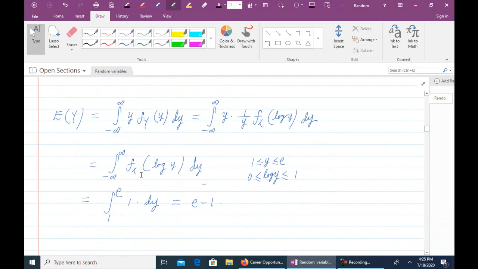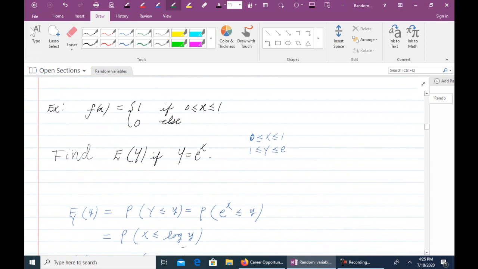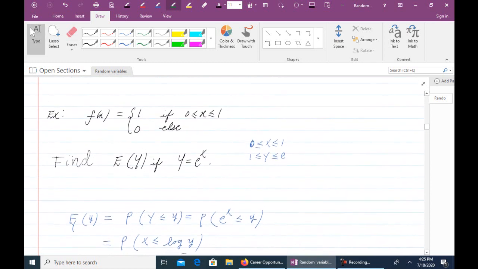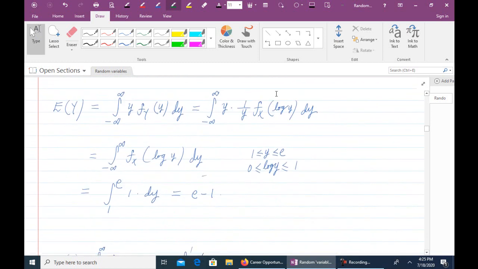Now, what we need to realize is that the PDF of x is 0 unless x is between 0 and 1. So the input log y, unless it is between 0 and 1, this integrand would be 0. If log y is required to be between 0 and 1, then y would have to be between 1 and e. So unless y is between 1 and e, this integrand would be 0.